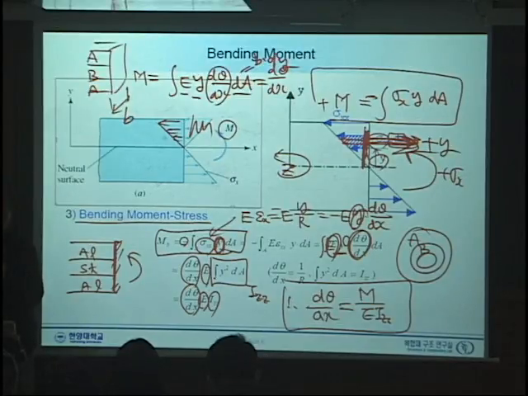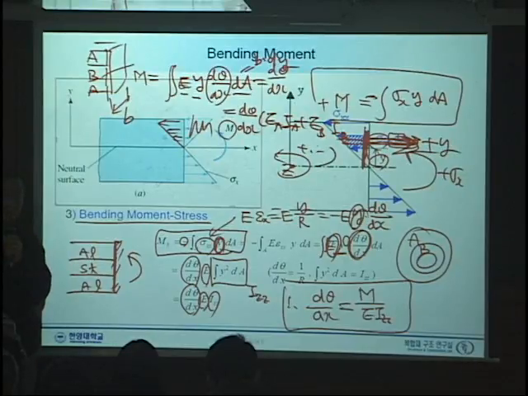So when you integrate y, you should integrate from here separately. So you will have something like d theta dx times EA times IA plus EB times IB, and something like that.